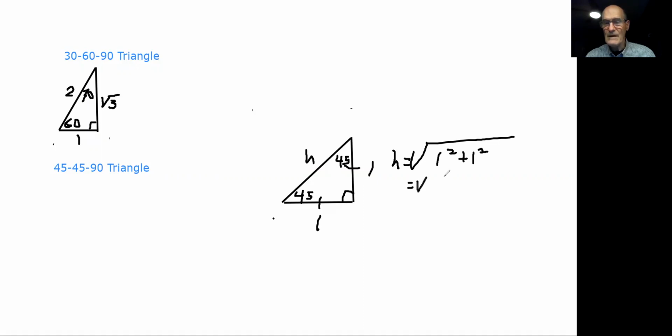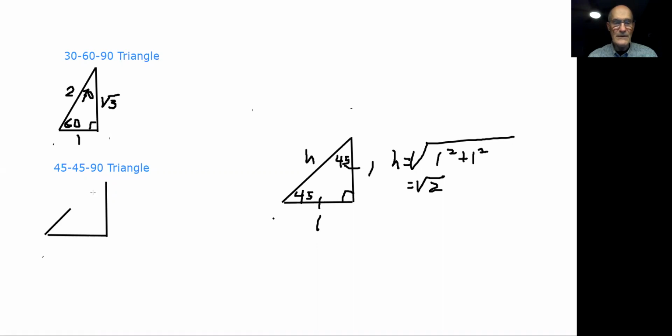So when you have the 45, 45, 90 triangle, if we come over here and draw a sample, our standard 45, 45, 90, it's going to be an isosceles right triangle.